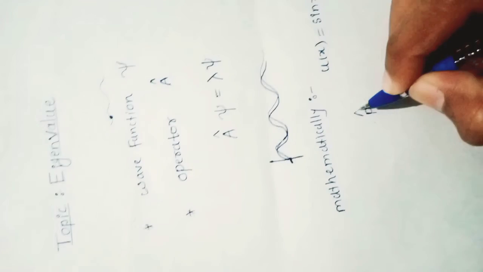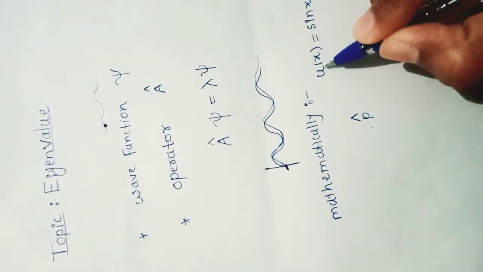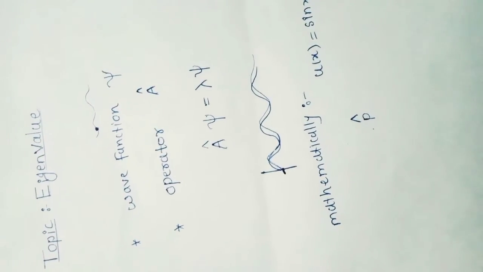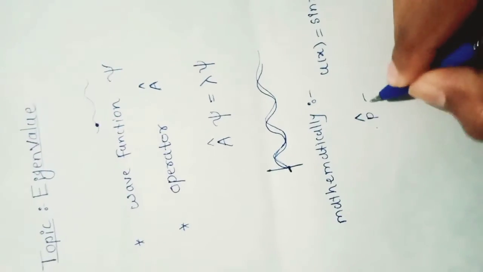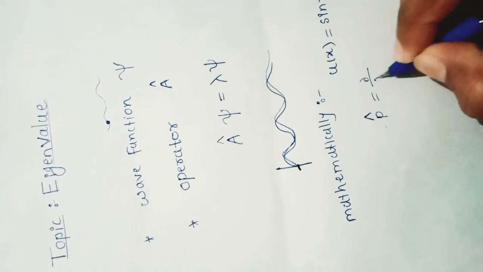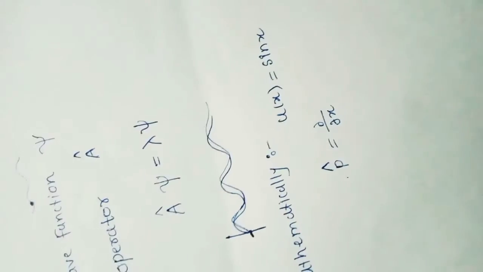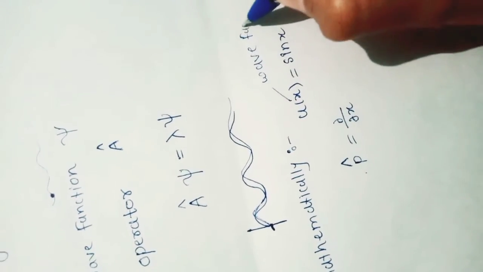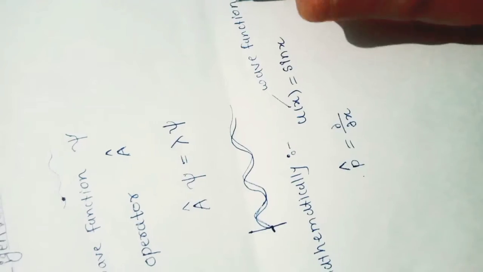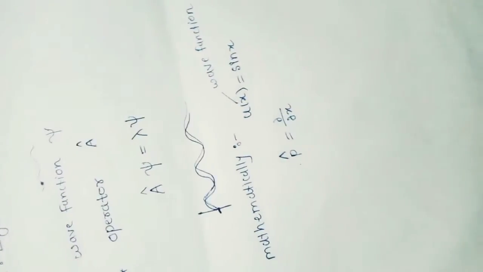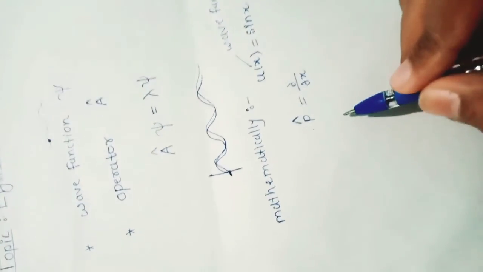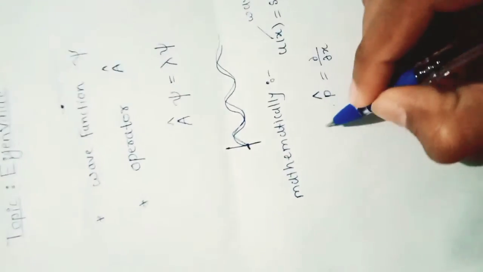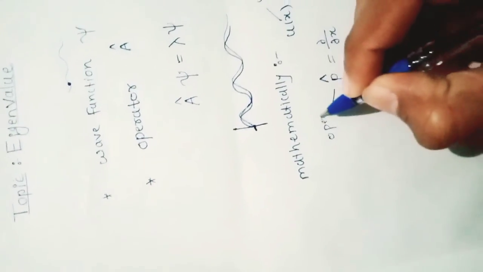Suppose we apply operator p cap on the wave function u of x, and p cap is equal to del upon del x. What is u(x) here? Wave function. And on that we have to apply operator p. P is the operator here.